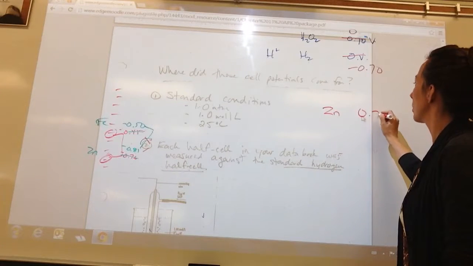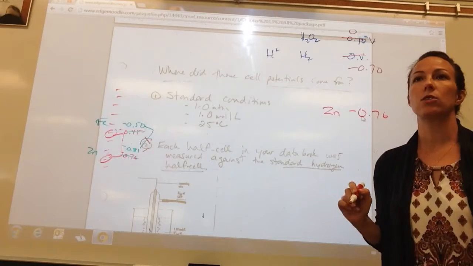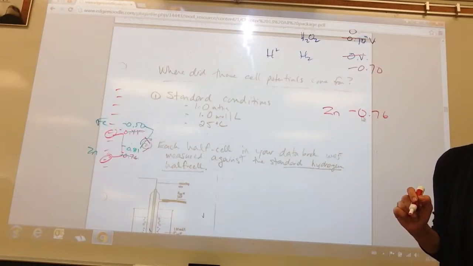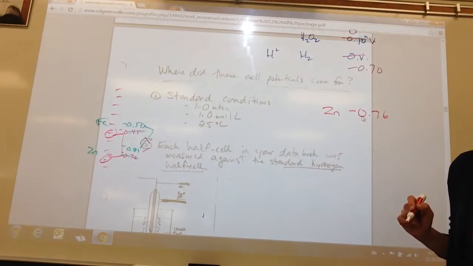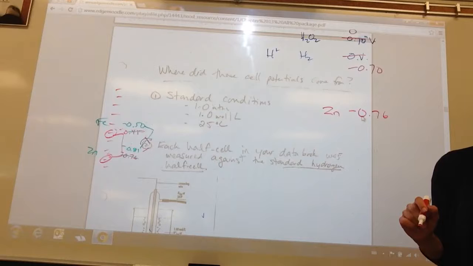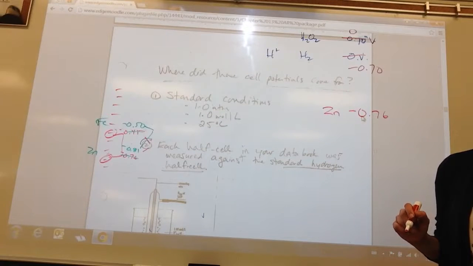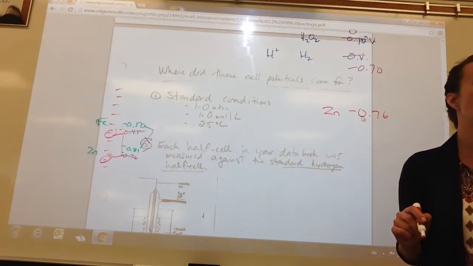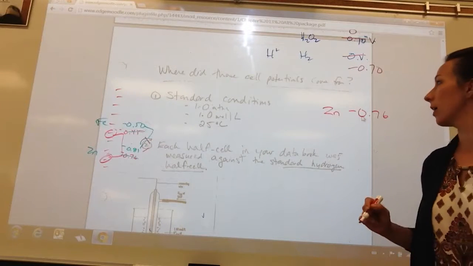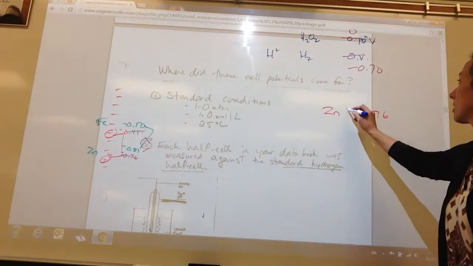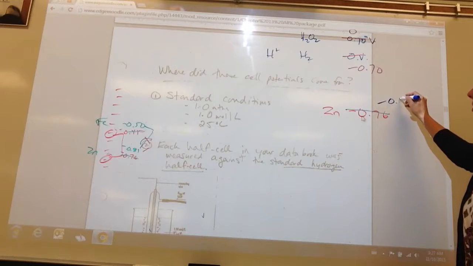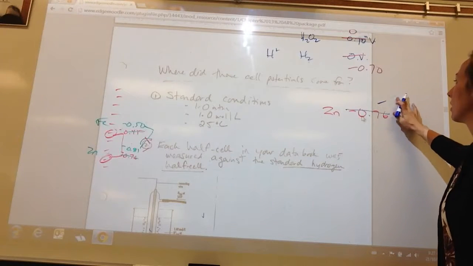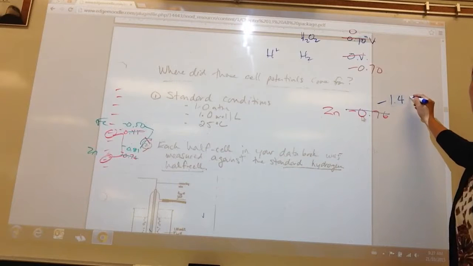So zinc was negative 0.76. What would zinc's new number be? I actually have to subtract it. No, wait. Hold on. Yes, I have to subtract it. Okay, I have to subtract it. So this makes this negative 1.46.